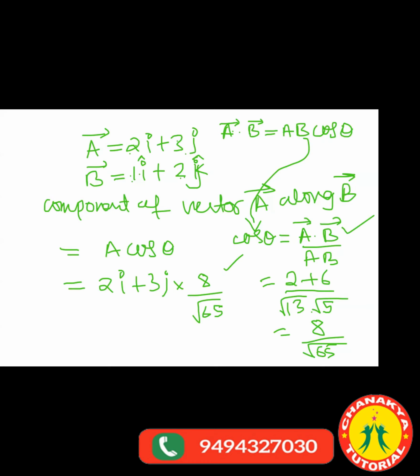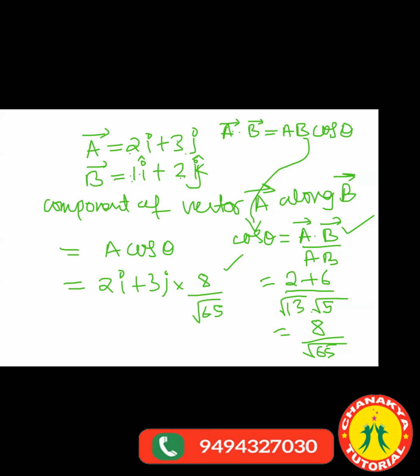If I ask you what will be the component of vector A perpendicular to B, can you find it out? A sin theta. So how will you get sin theta? Sin theta is equal to A cross B by AB. So for that you should know A cross B. But instead of doing that, you just do your class 10th mathematics.